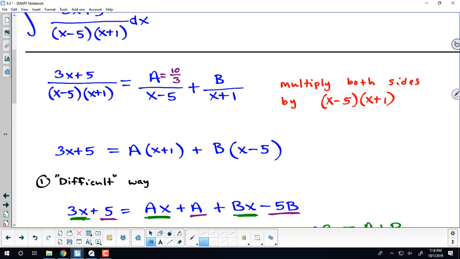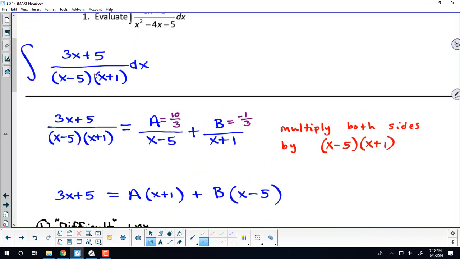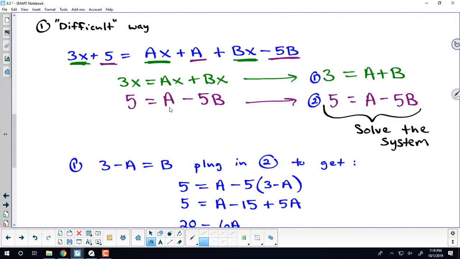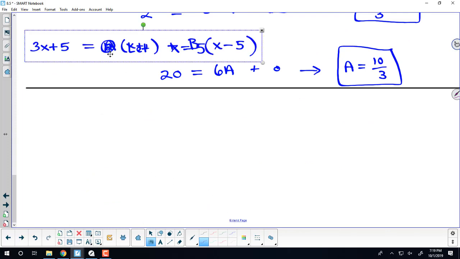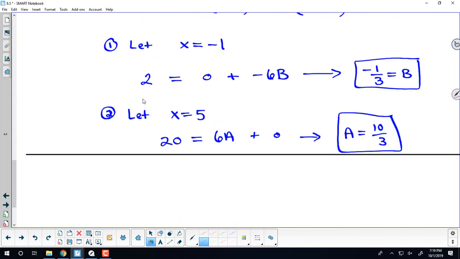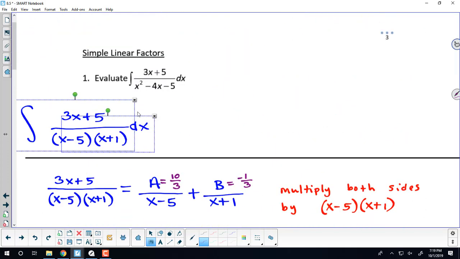So that's 10/3 and -1/3. I think I'll move all that down too. All right, so we're gonna go down here.